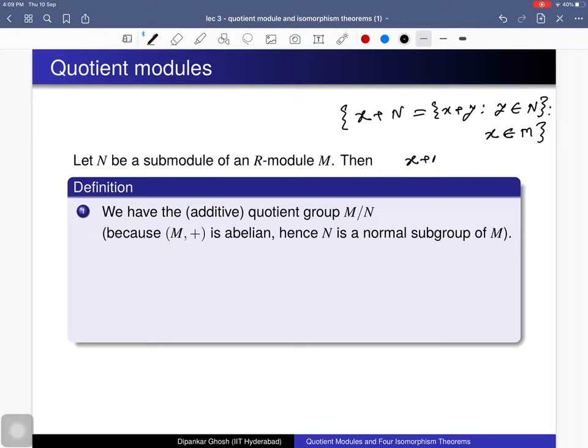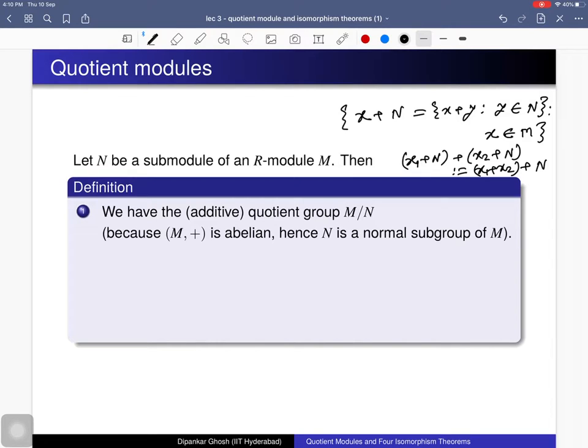For example, let us say (x1 plus N) plus (x2 plus N), you can define as (x1 plus x2) plus N, its equivalence class. So, in this way, M mod N is an additive abelian group. Now, the question is, can you make it into an R module?